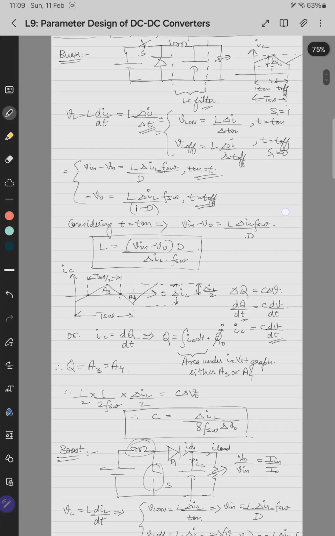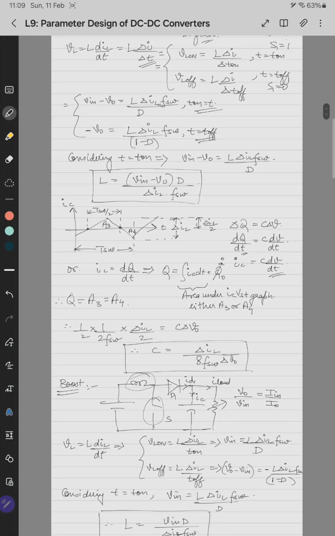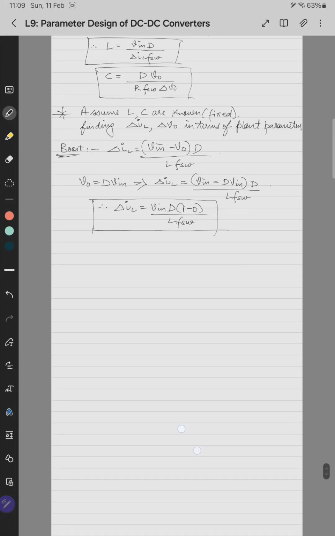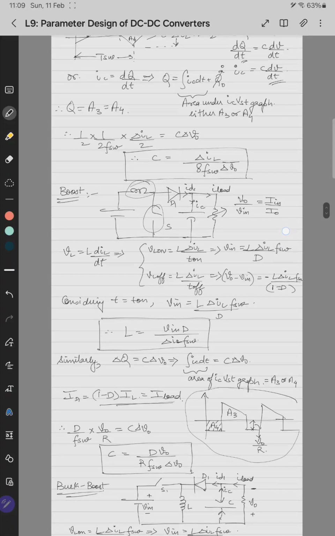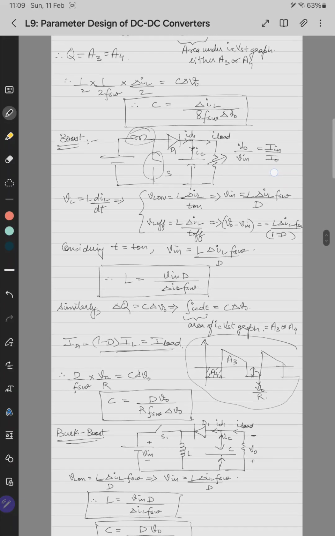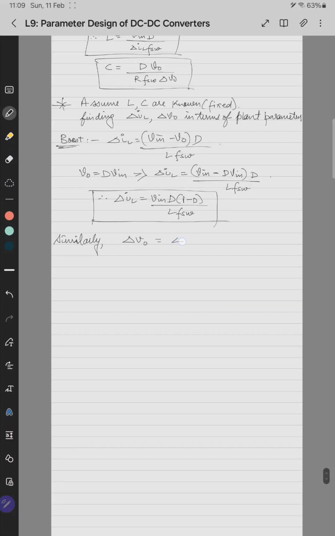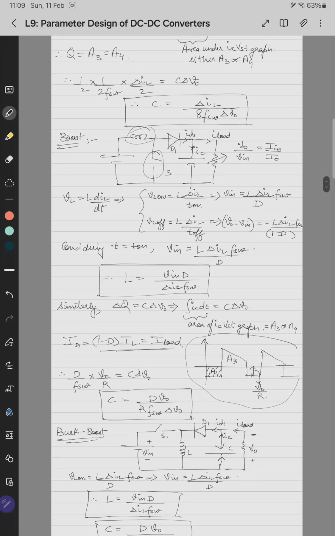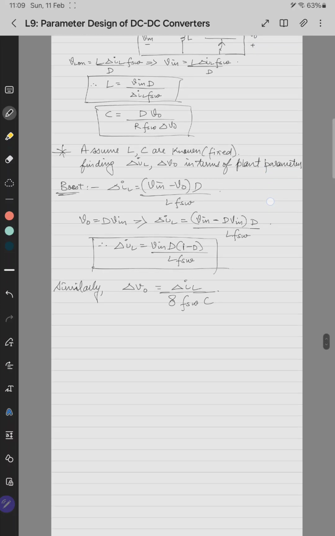Now if we derive the expression of delta V naught, we can write delta V naught as delta IL by C. Similarly, delta V naught equals, what was it? Delta IL by 8 F switching into C. Delta V naught is delta IL by 8 C F switching.